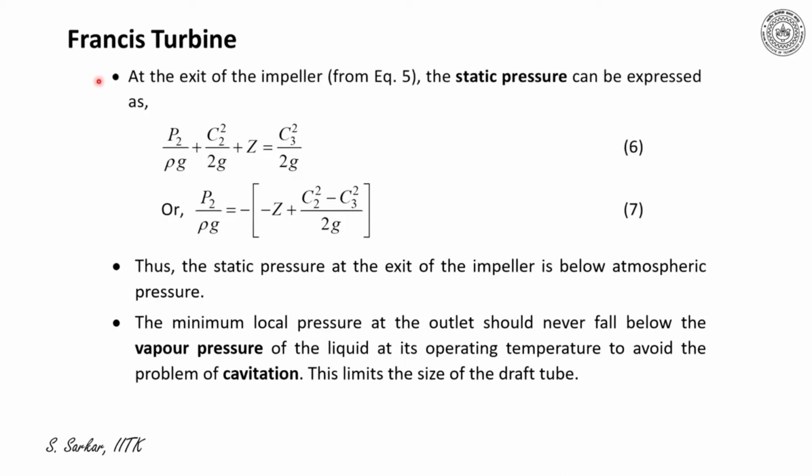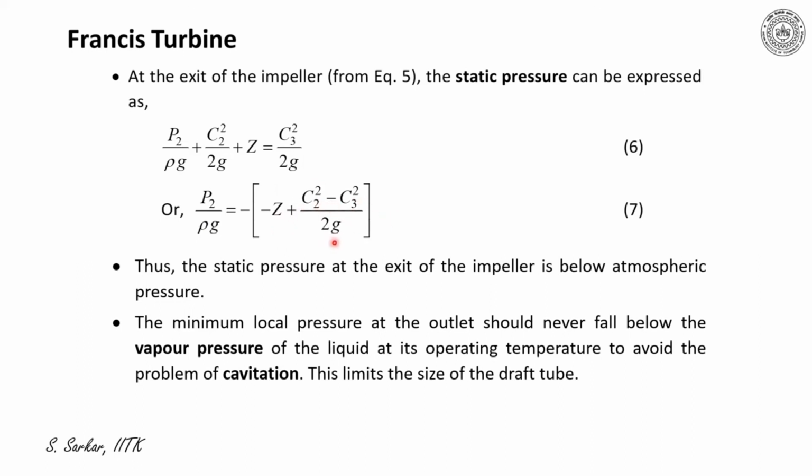Now, at the exit of the impeller, from equation 5, the static pressure can be expressed as P2 divided by rho g plus C2 squared by 2g plus z is equal to C3 squared divided by 2g. Thus, P2 by rho g is equal to minus, within the bracket, z plus C2 squared minus C3 squared divided by 2g.